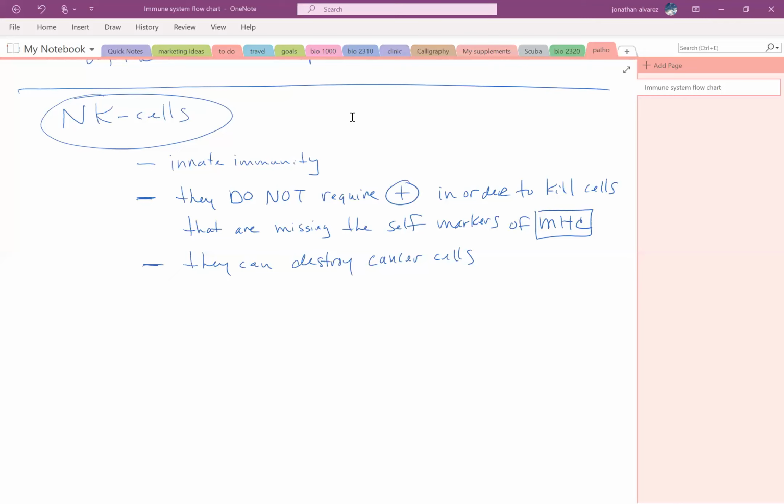The car was destroyed, flipped over, rolled down a ravine, hit every tree on the way down, and the person was fine. No broken bones, maybe a little abrasion here and there. And then you've got these little fender benders, and the person had a carotid artery dissection and died in the vehicle. 5 miles per hour.